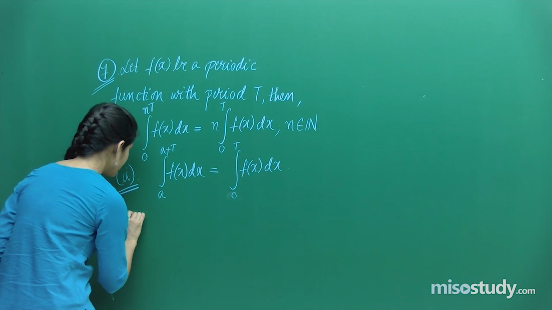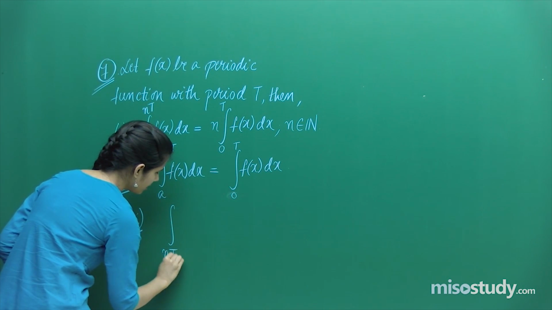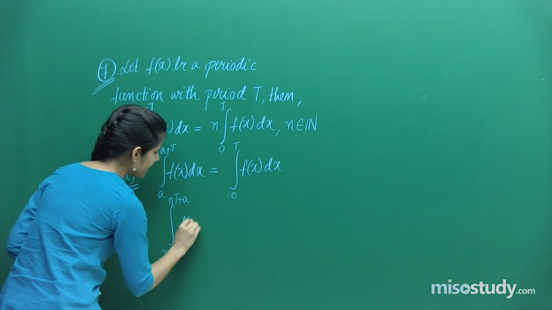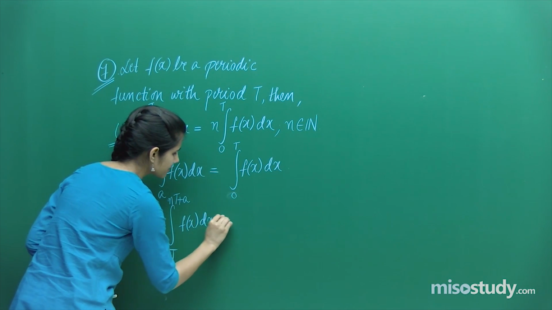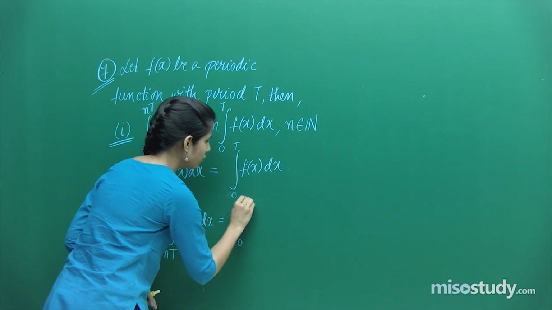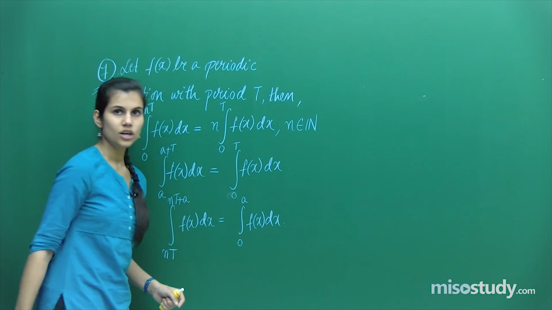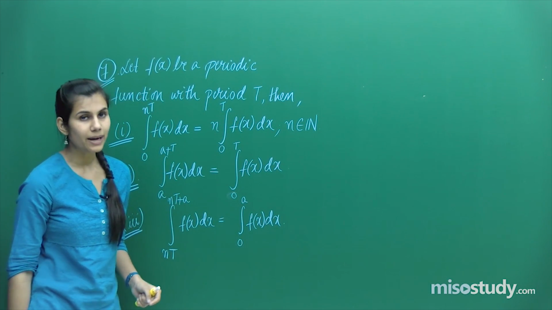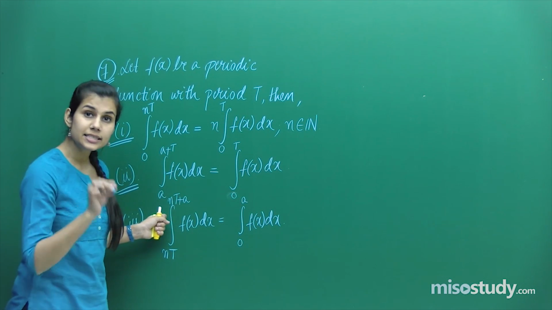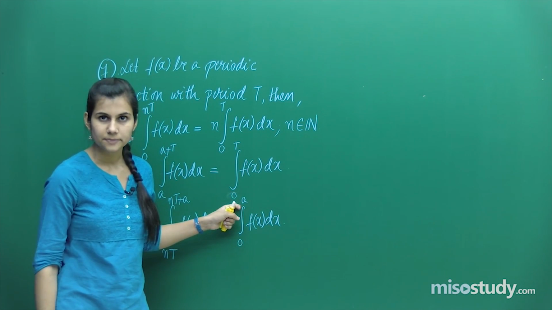And the third property said that the integral nT to nT plus a f(x) dx is equal to the integral 0 to a f(x) dx. Whatever is the area covered by the function in the interval nT to nT plus a, exactly the same is the area covered by the function from the interval 0 to a.